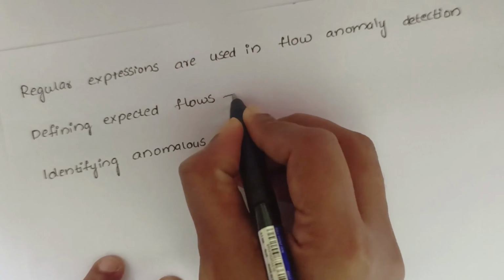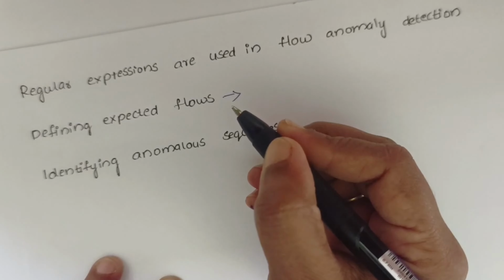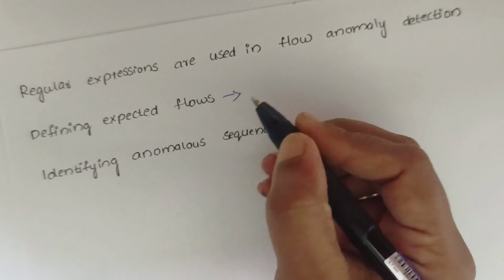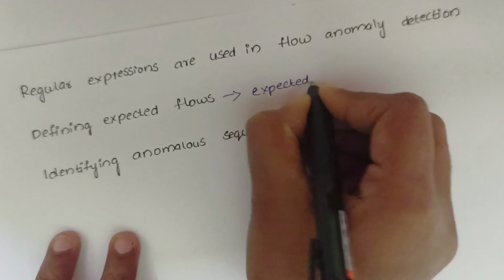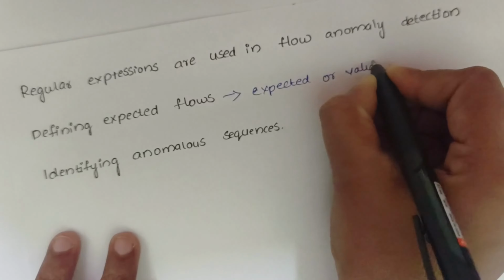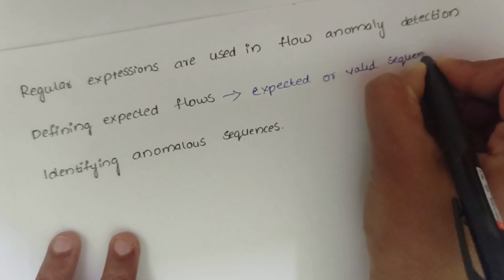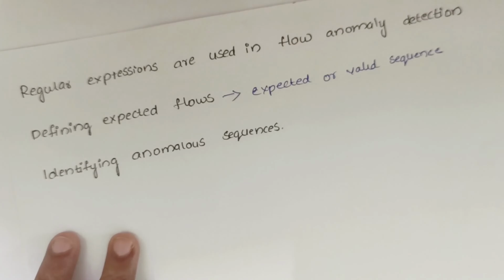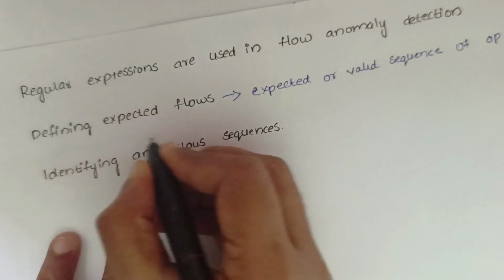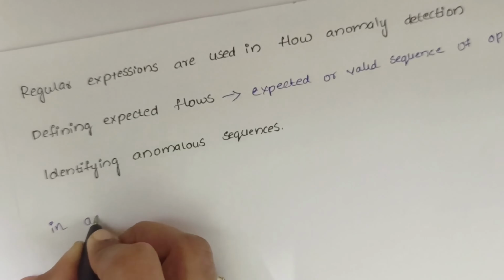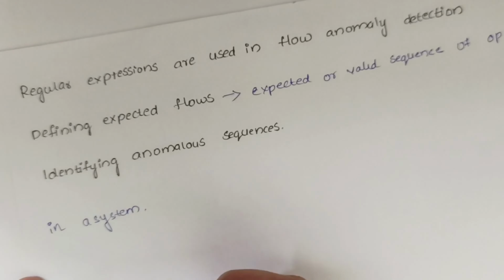In defining expected flows, regular expressions are used to define the expected or valid sequences of an operation in a system. For what purpose are we using expected flows here?